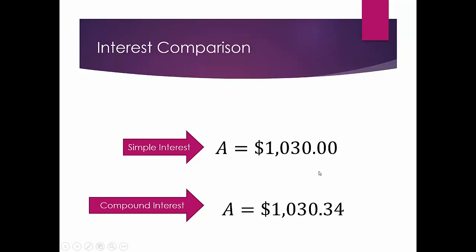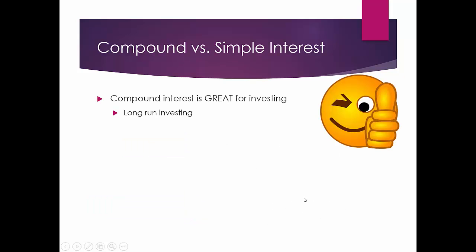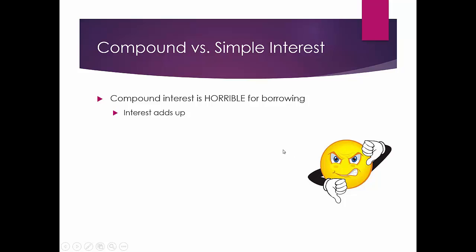If it was a large loan or investment and a very high rate, then you would see a bigger difference here. The biggest difference between compound and simple interest: compound interest is great if you're investing, but it's horrible if you're charging, because this is what happens to people that start charging on their credit cards, it gets out of hand because they're paying interest on interest.